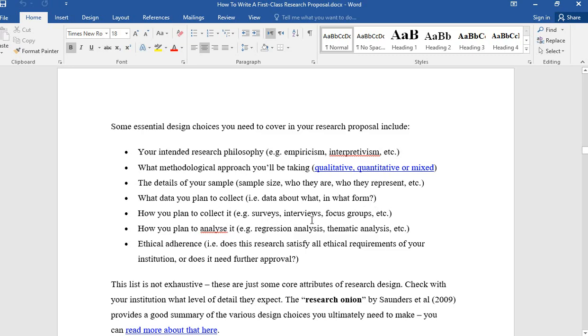I said that in qualitative design, for example, you use interviews, right? And you have to say how you collect the data in your research, how you plan to analyze it.